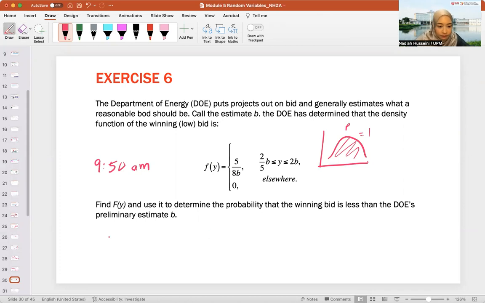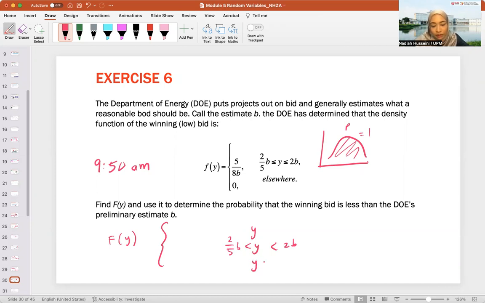So what would be my 3 intervals? Can you tell me? What would be the y? How would you write down the intervals? So your y is less than, or what would you put here? You have y is equal to 2 over 5b, right? Over here, and less than 2b over here.